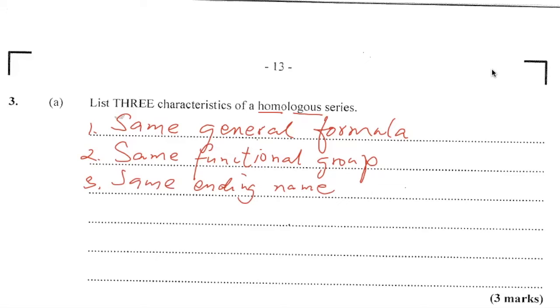If we're looking at the alkanes, all the members of the alkane series, their last name would end in "ane." And also we could look at the physical properties showing a steady variation based on increasing number of carbon atoms, but we're only going to give 3.